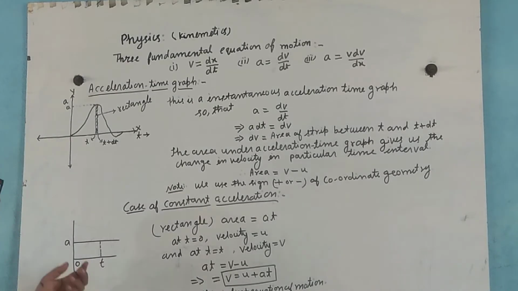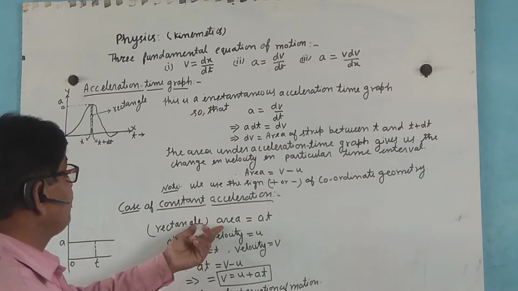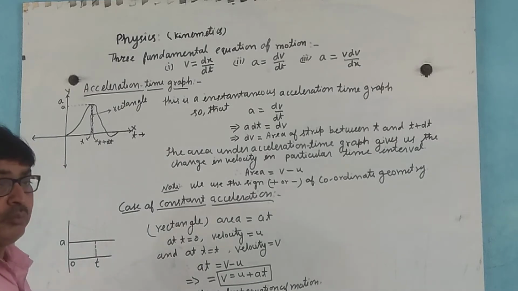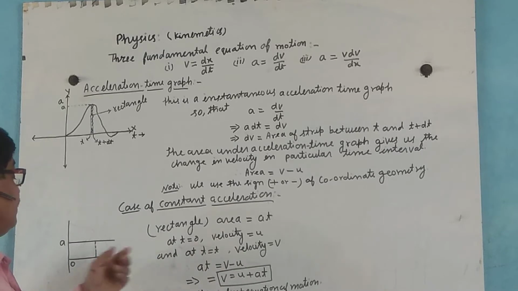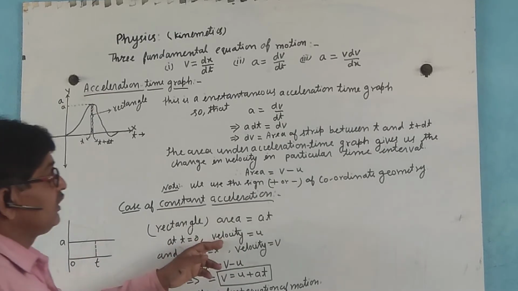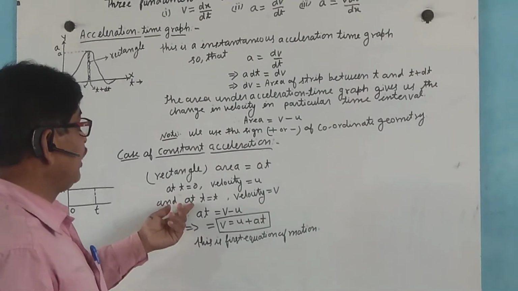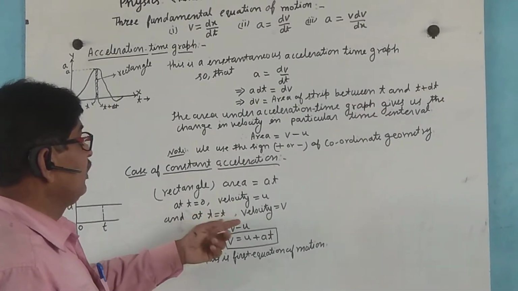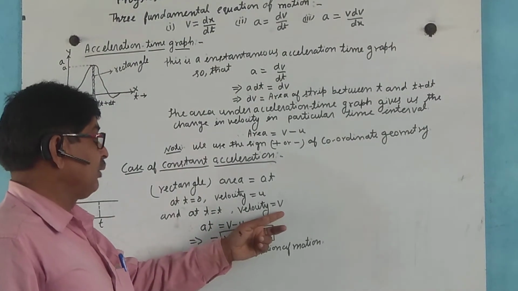Now, in the case of constant acceleration, from t equal to 0 to t equal to t, the acceleration is a, so the area of the rectangle is equal to length times breadth, that is a and t. At t equal to 0 the velocity is the initial velocity u, and at time t equal to t the velocity will be v, the final velocity.